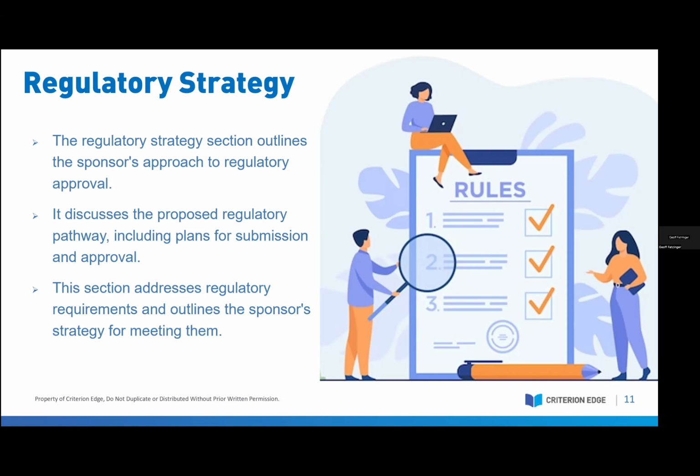All of this is outlined in your regulatory strategy, so it needs to flow. It can't be chaotic. It has to be linear. It has to show progression, and it has to outline why you're where you are, what you intended to do, how you met these, and what the next step is going to be.